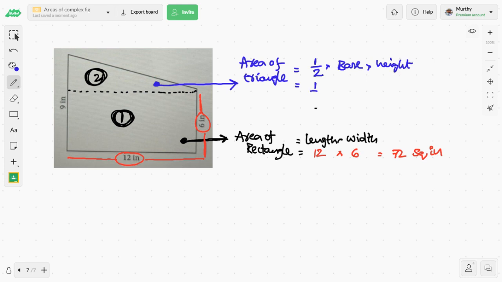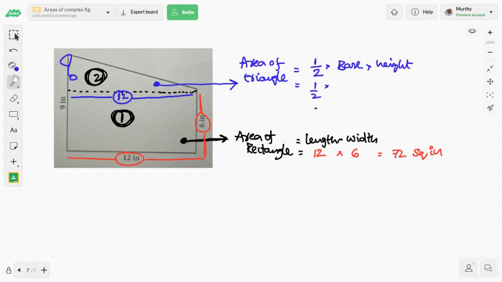So half times, what is the base? Base is not known. But you know that in a rectangle, opposite sides are equal. Therefore, if it is 12 units, obviously this is also going to be 12 units, because opposite sides of a rectangle are equal.